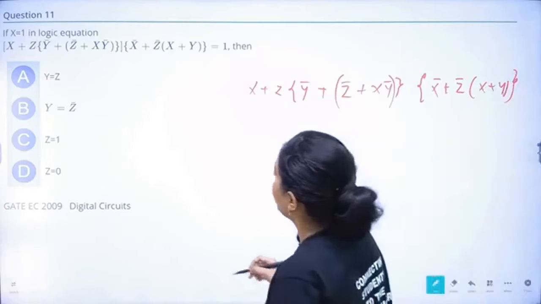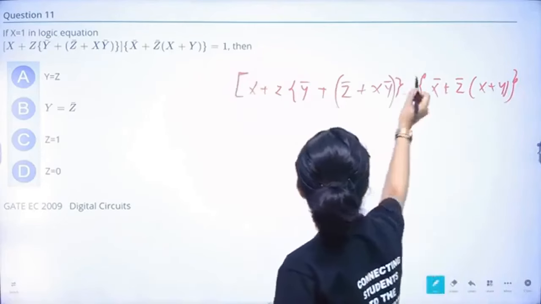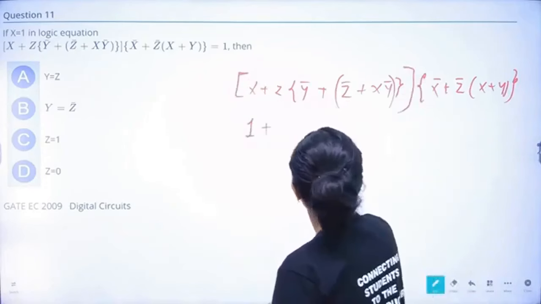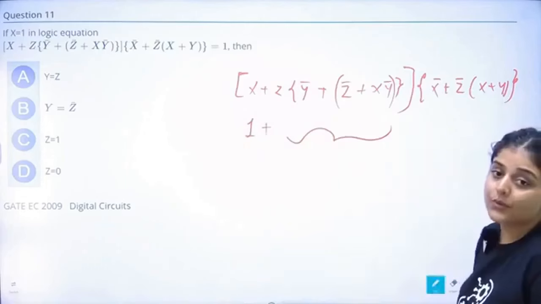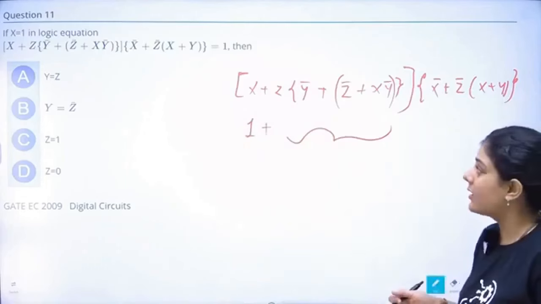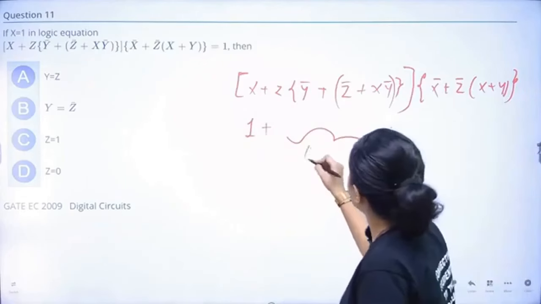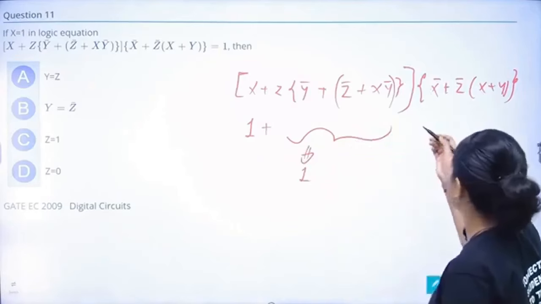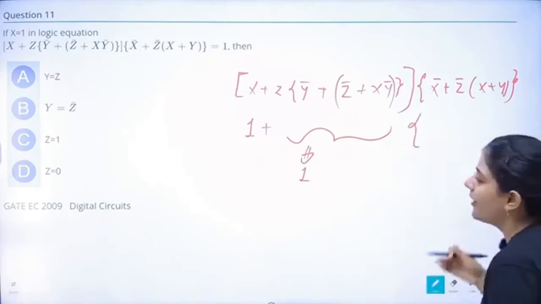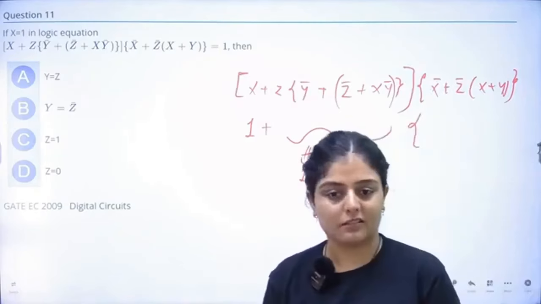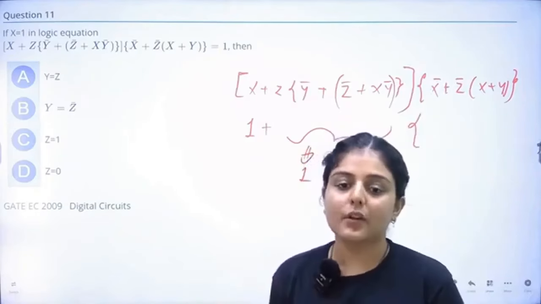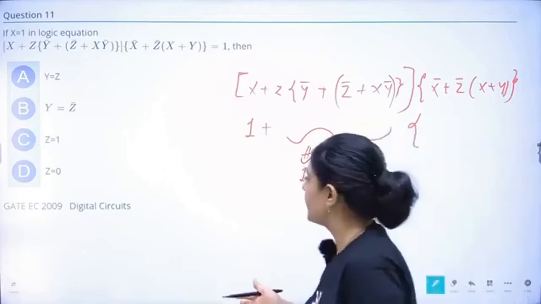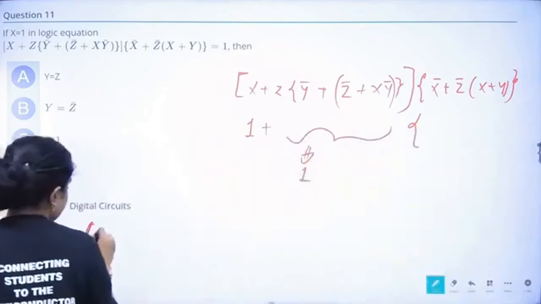We have to put x equals 1. So 1 plus anything, completely in brackets, will become 1. And 1 multiplied with anything will become that thing only. This is how a Boolean expression works.